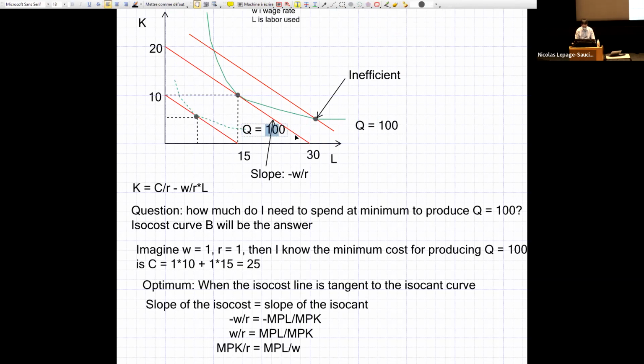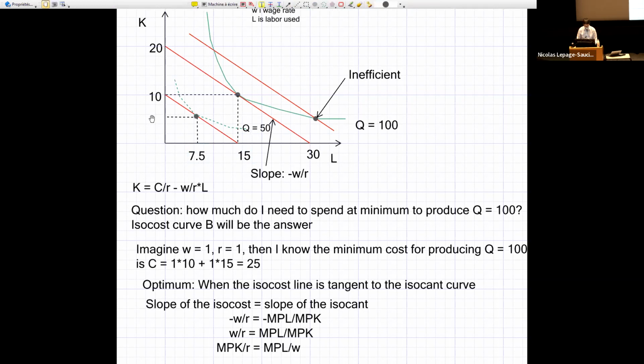Let's say Q equals 50 here. It's getting a bit crowded, but it's manageable. And this will be 7.5, and this would be 5. So if you want to know, this is half, this is half.